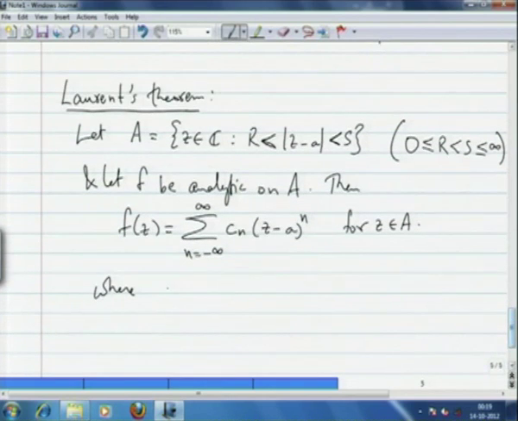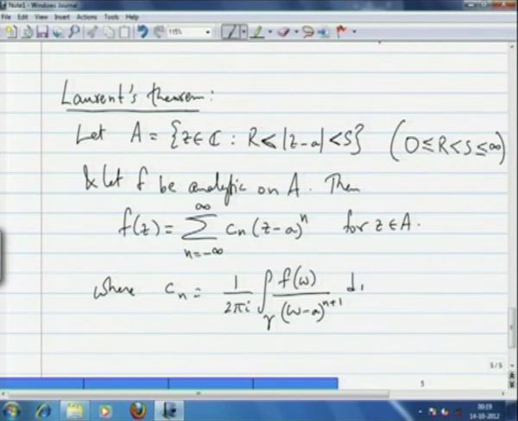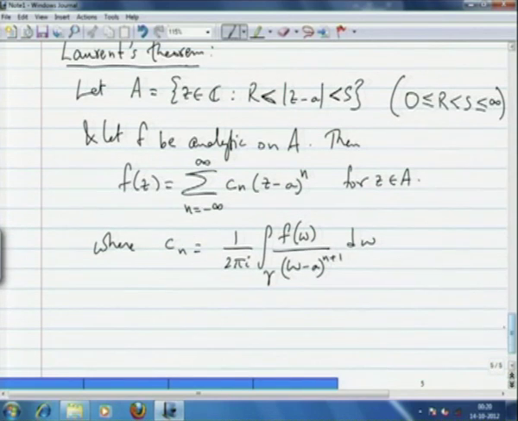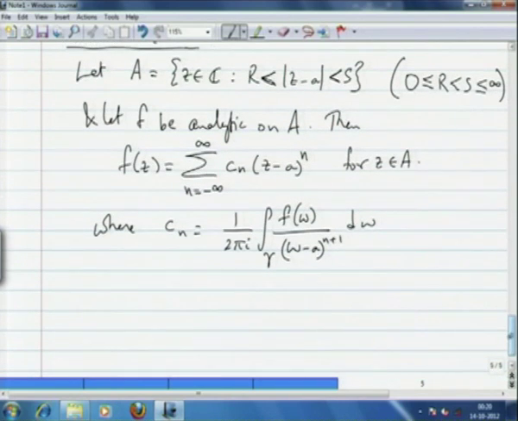You can select the coefficient C_n to be 1 over 2 pi i times the integral around gamma of f of w over (w minus a) to the power n plus 1, dw, where a is the center of that annular region, and where gamma is a circle.